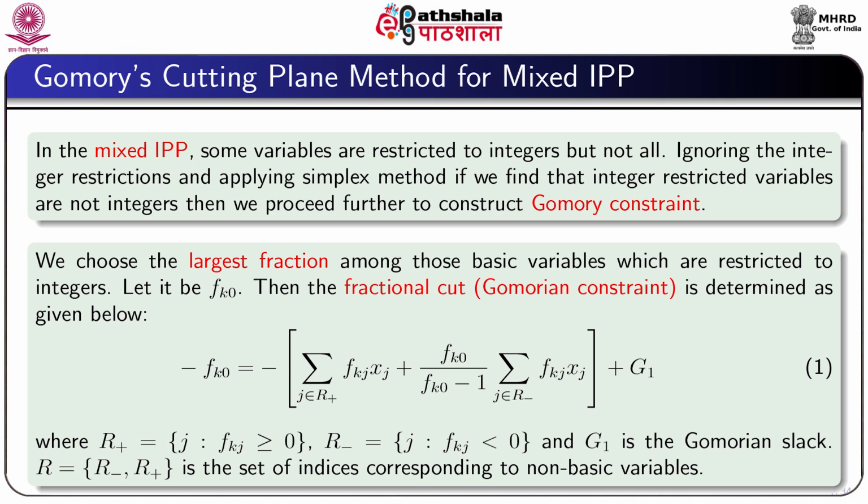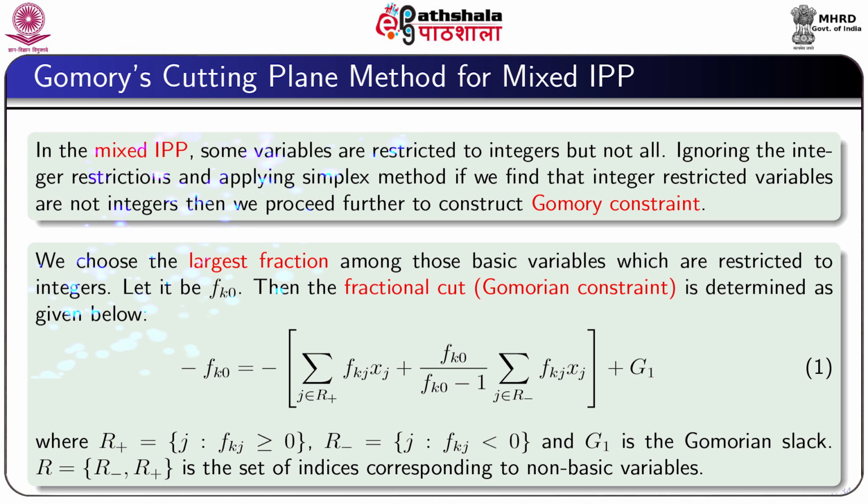Here R plus is the set of all j such that f k j is greater than equal to 0, and R minus is the set of all j such that f k j is less than 0, and g 1 is the Gomorian slack.